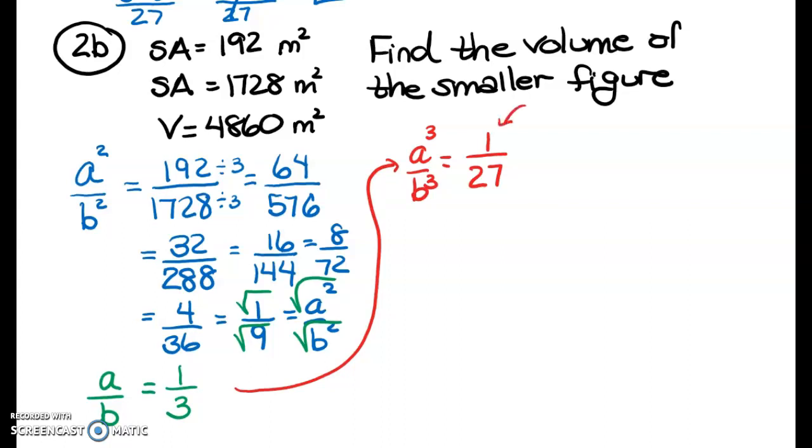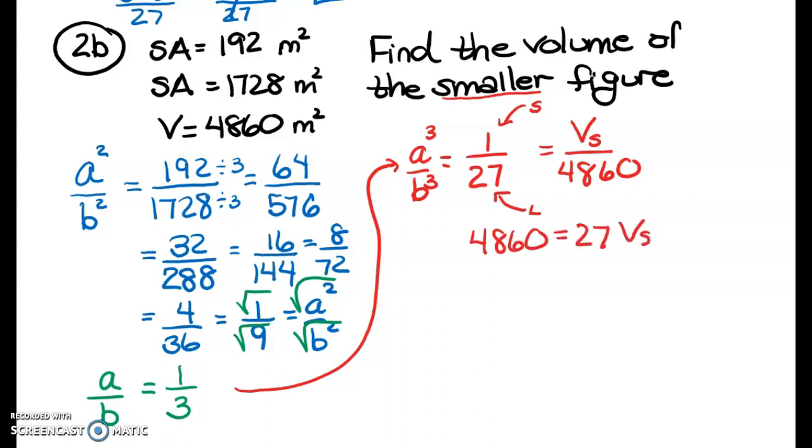This is my small, and this is my large. Since I'm looking for the smaller figure, I don't know the volume of the smaller figure, but I do know the volume of the larger figure. It's 4,860. So when I cross multiply, I get 4,860 equals 27 times the volume of my smaller guy. And I'm just going to divide by 27.